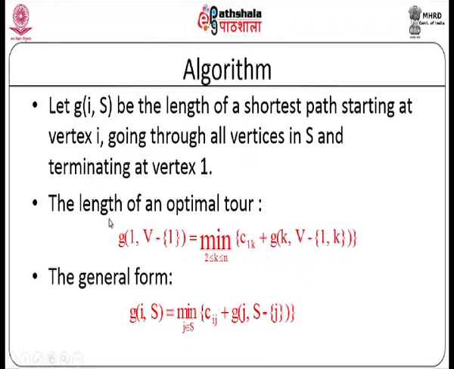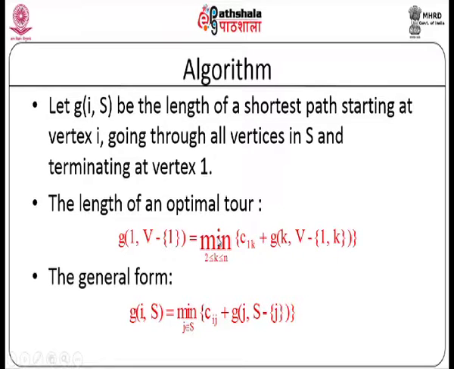So, the length of the optimal tour is going to be the minimum. I am assuming that I am starting from vertex 1. So, I should not visit 1 again, therefore, it is V minus 1.